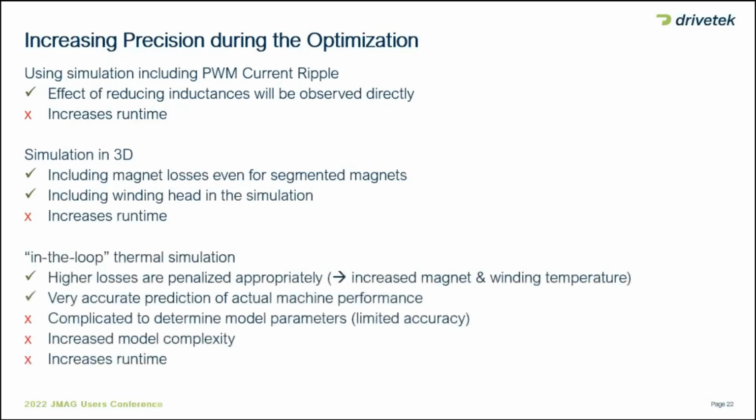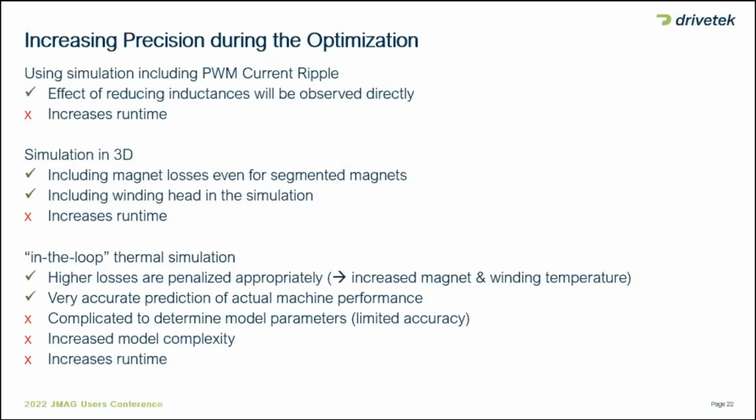And finally, of course, what would be nice to have is in-the-loop thermal simulation, where we can penalize the losses or the additional loss due to the higher temperatures accordingly. And this would allow us to even further predict machine performance more accurately during the optimization process.